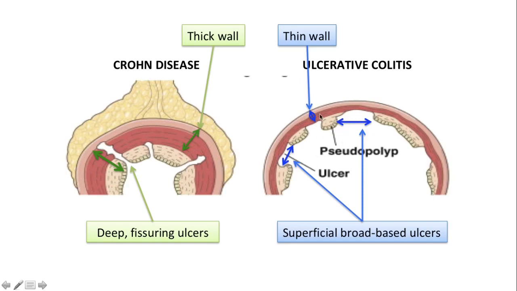So it's not a true polyp, but rather residual islands of intact mucosa that look like they are protruding into the lumen, hence why it's called a pseudopolyp. Bear in mind this image, because these patterns of inflammation and patterns of ulcers help explain why certain manifestations and complications occur in one entity and not the other.